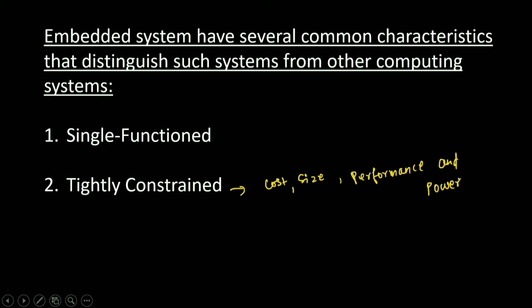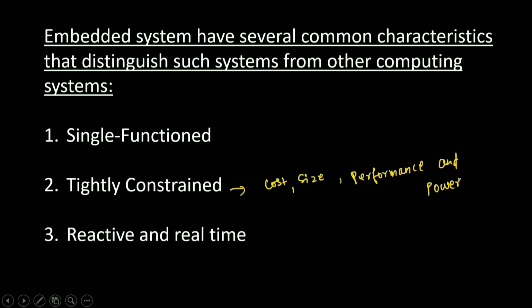Embedded systems often must cost just a few dollars, must be sized to fit a single chip, must perform fast enough to process data in real time, and must consume minimum power to extend battery life or prevent the necessity of using a cooling fan.